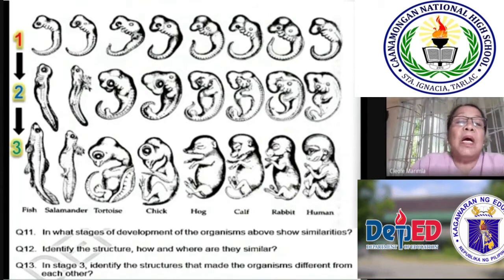They are similar as to the shape of the head, the lower parts of the body, and the forelimbs. Question number 3. In stage 3, identify the structures that made the organisms different from each other.